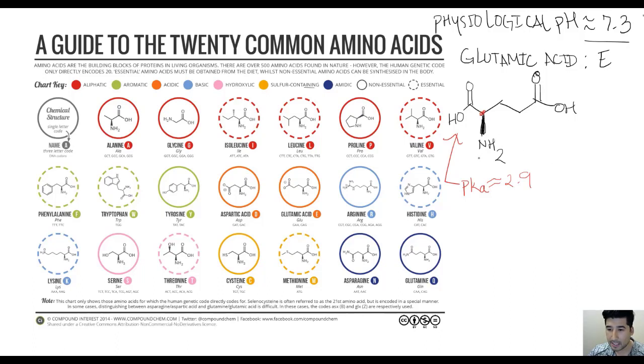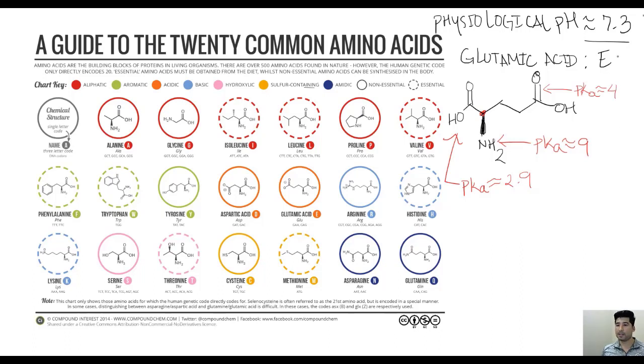And this amine group that's directly connected to this alpha carbon has a pKa of about 9. Alright, and this group right here, a carboxylic acid, has a pKa of about 4.